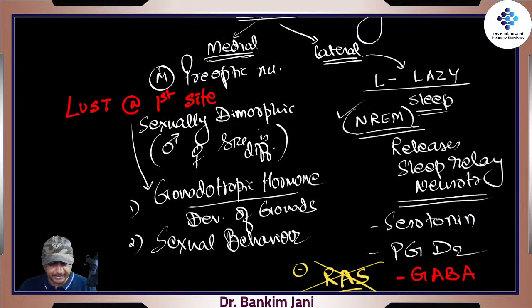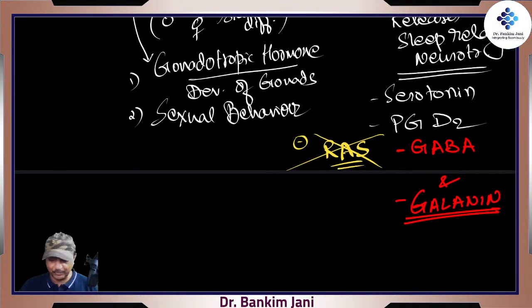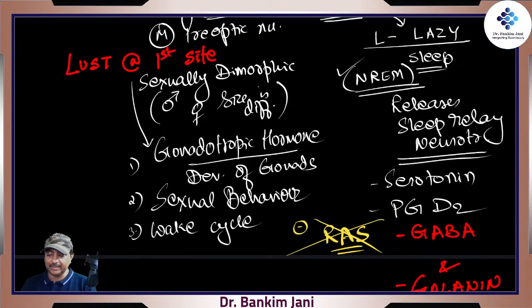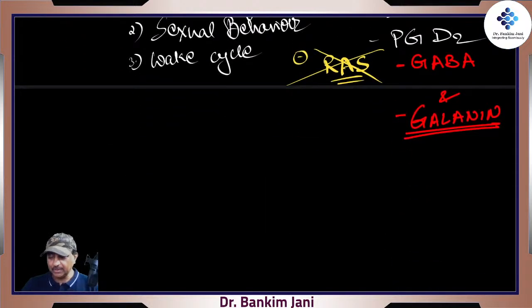So the whole idea is that this medial preoptic nucleus is for the wake cycle, that is when a person wakes up, sleep wake cycle. While this, very clearly, L is lateral is lazy, so it is only during the NREM phase, and it inhibits even RAS.